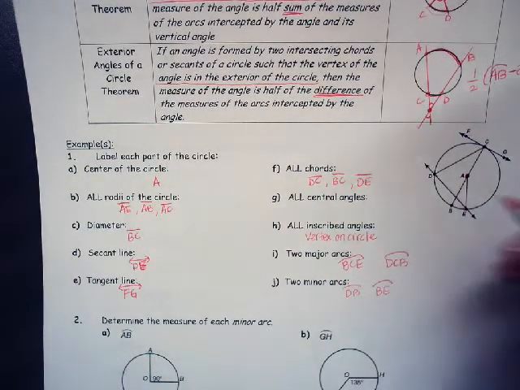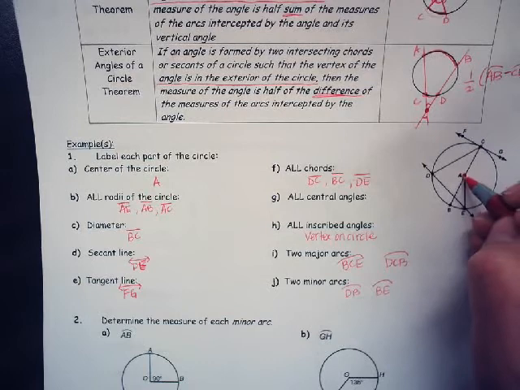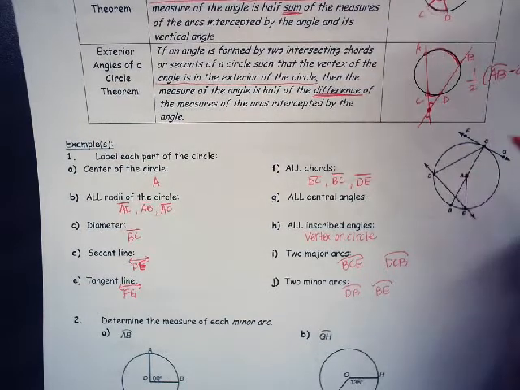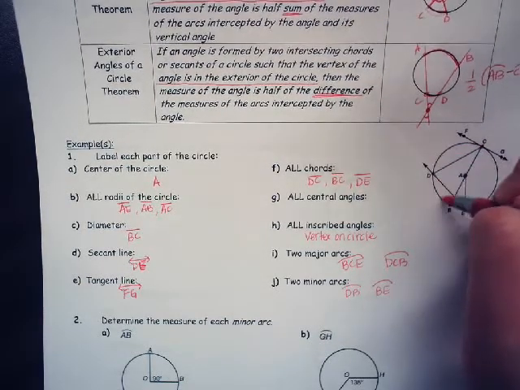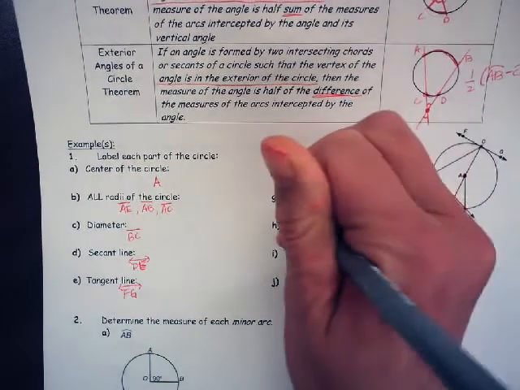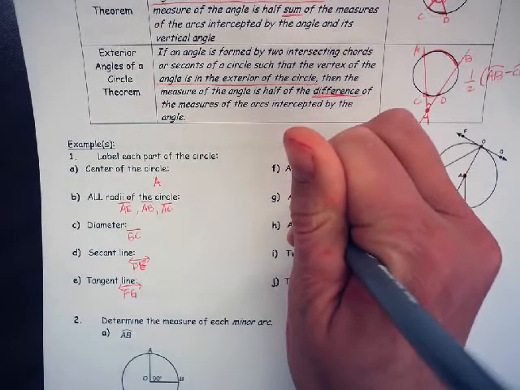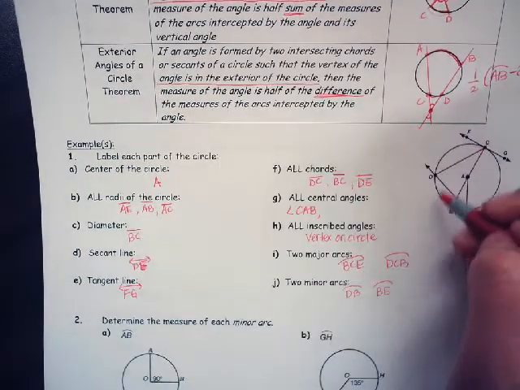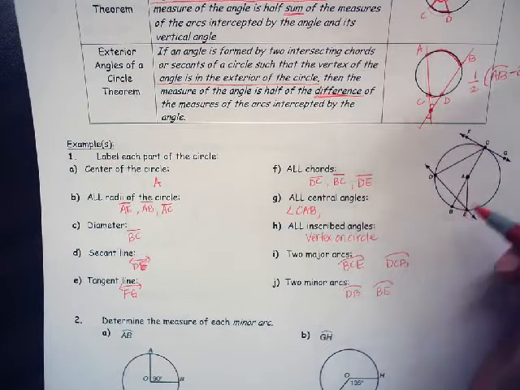And then all central angles. So if it's a central angle, it has to originate from angle A. So CAB would be a central angle. Even though it's 180 degrees, 180 degrees is an angle measure.